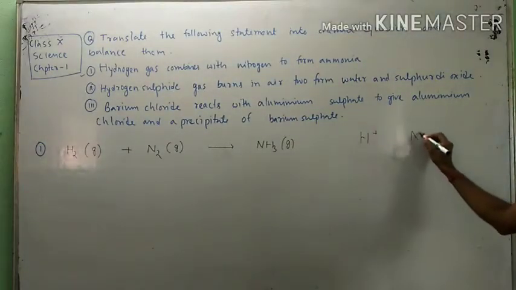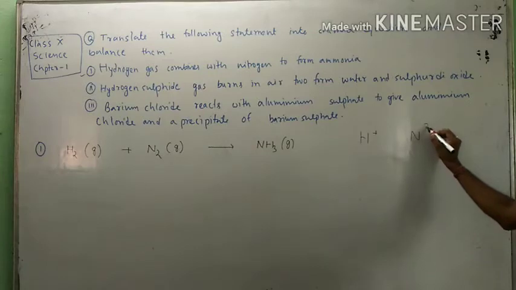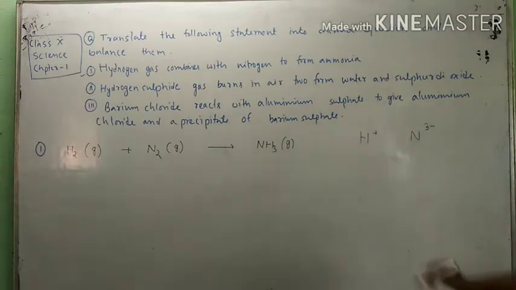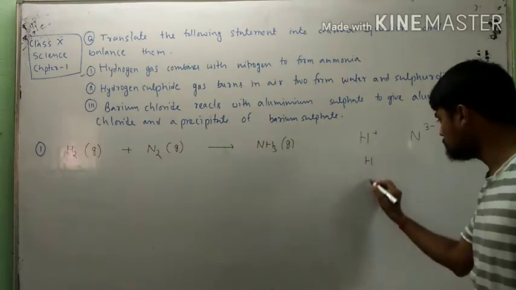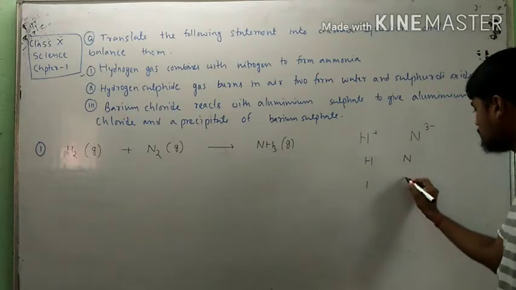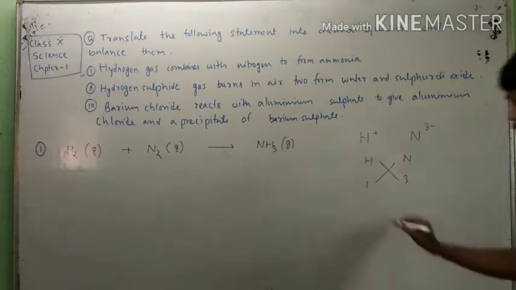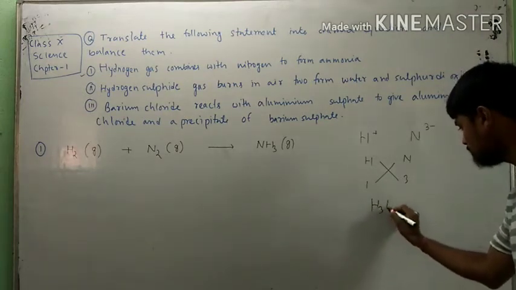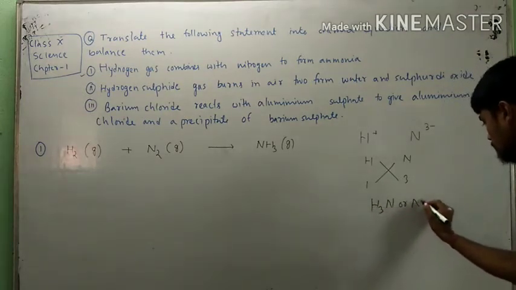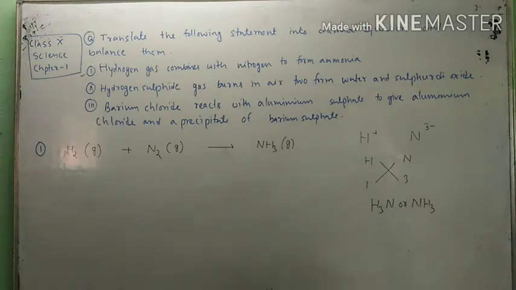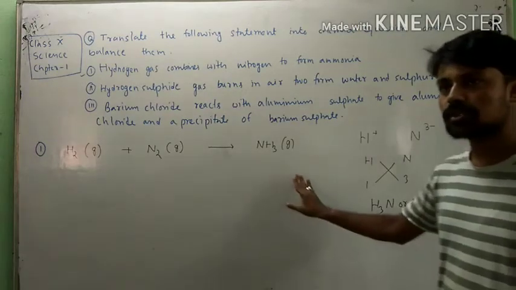On the other hand, the nitrogen ion is N3 minus. So let us put 1 below the hydrogen and 3 below the nitrogen. If we cross multiply, then it becomes H3N or NH3. So the formula of ammonia is NH3.